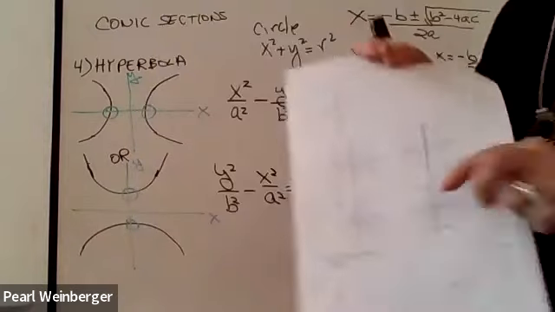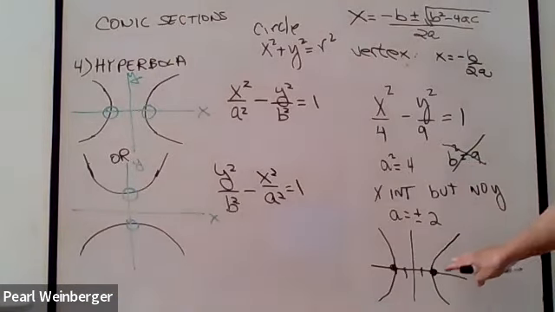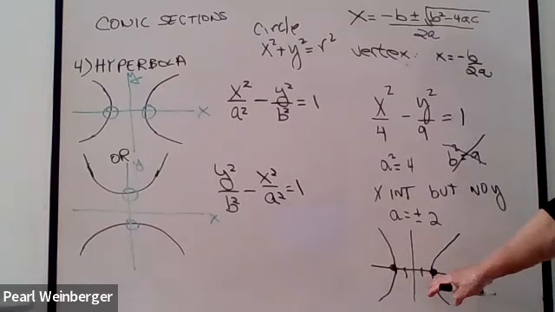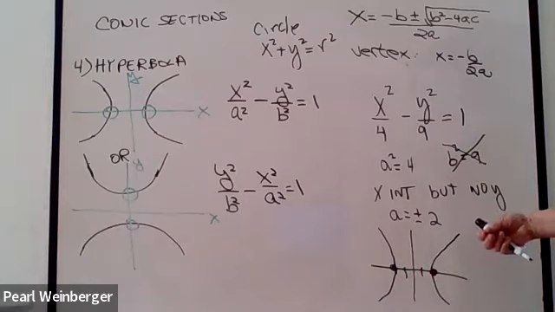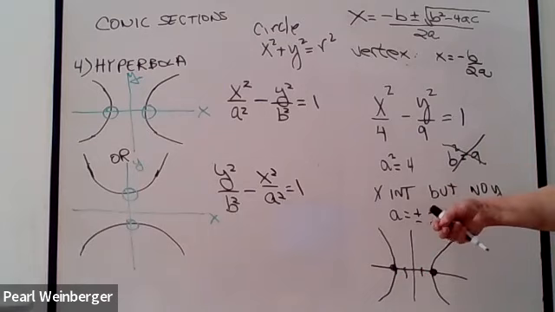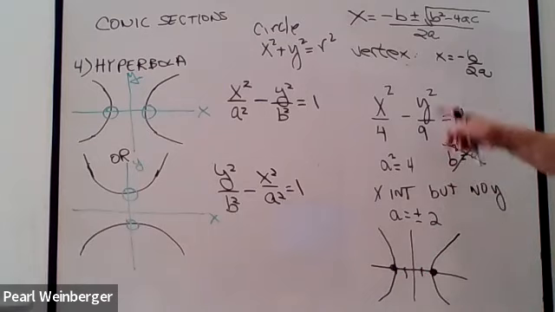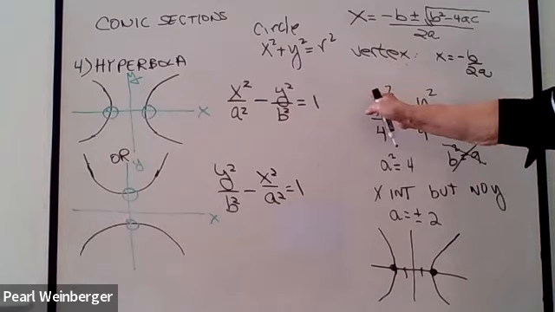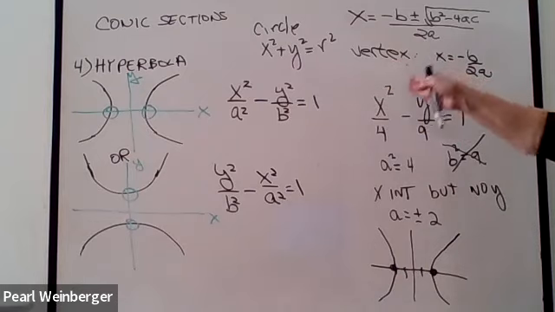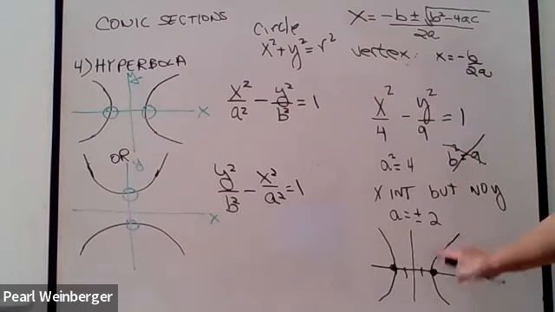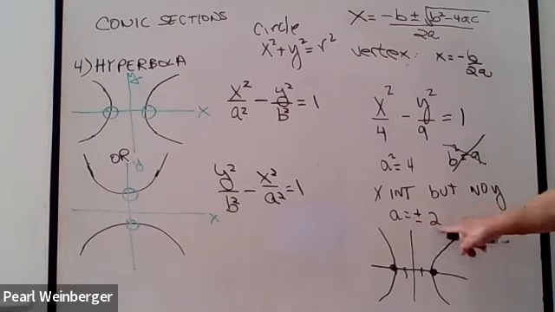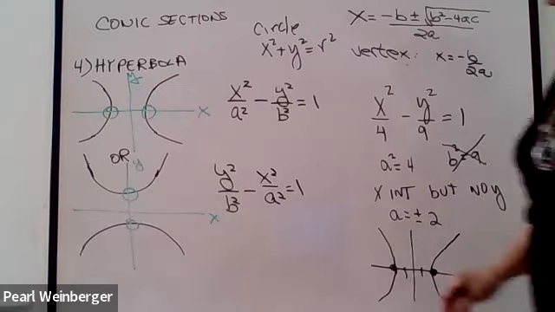You look for where you're getting the hyperbola that has the proper intercepts. It'll either have an x-intercept or a y-intercept. In this case, when it starts with x squared being the positive one minus a y squared, it will have x-intercepts. The x-intercepts in this case are plus or minus 2.